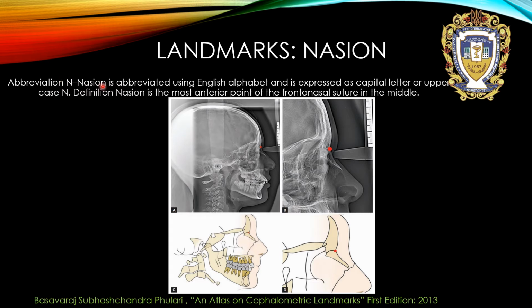Abbreviation N. Nasion is abbreviated using the English alphabet and is expressed as a capital letter or uppercase N. Definition: nasion is the most anterior point of the frontonasal suture in the midline. This point is present almost in all cephalometric analyses.